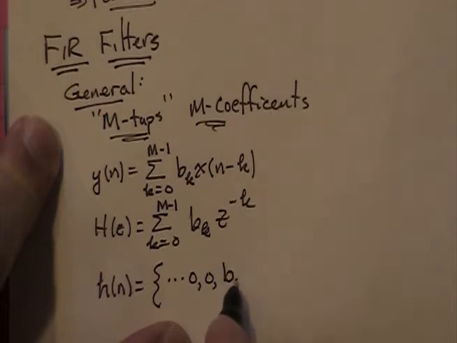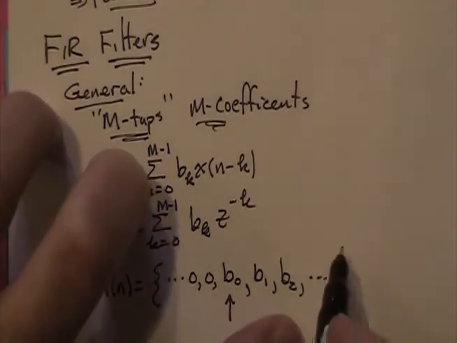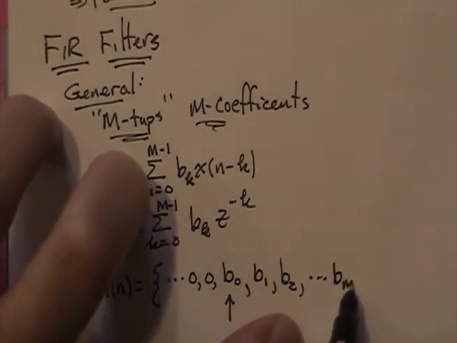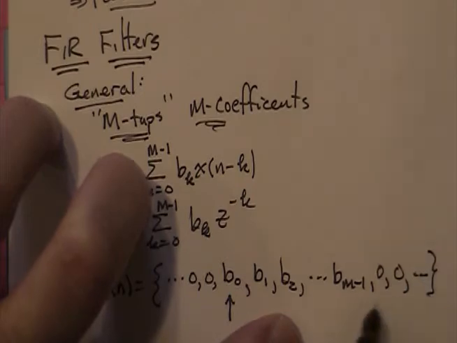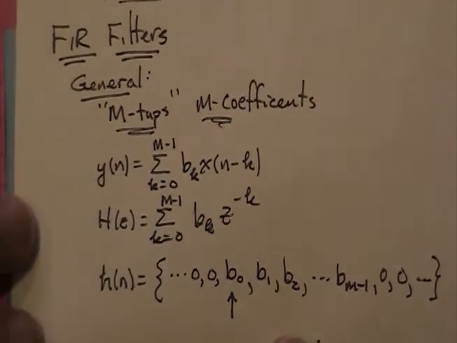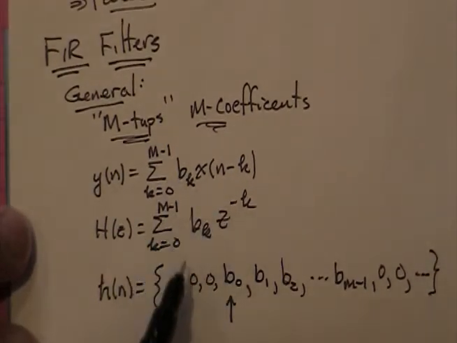The first sample out I get is going to be b0. That's where my time origin is when the impulse hits. Then I'm going to see b1, b2, and that just continues on until I get out to b sub M minus 1, and then we're back to zeros. That's my finite impulse response. It eventually ends, and it goes to perfect zeros.